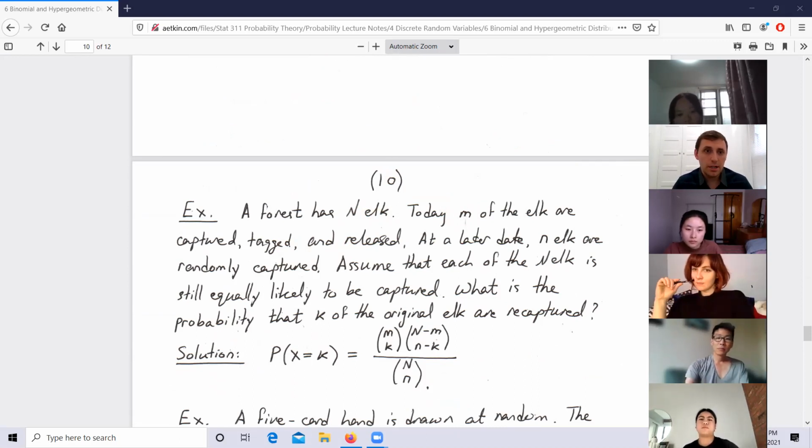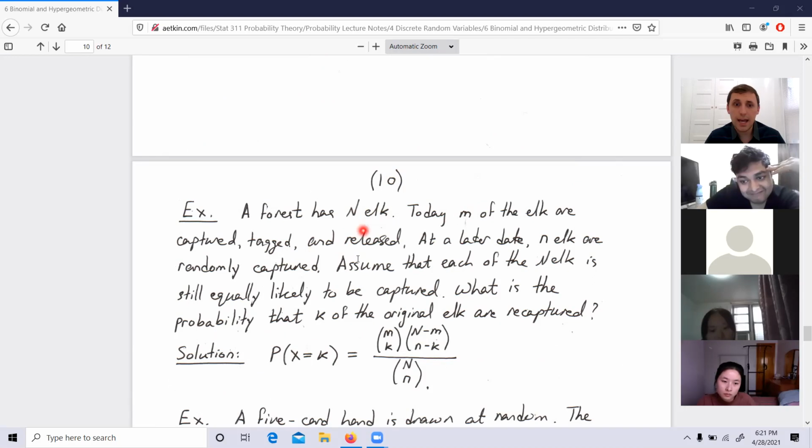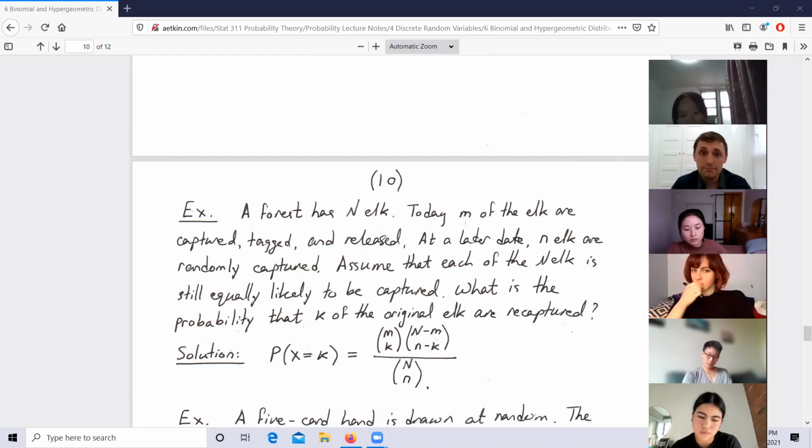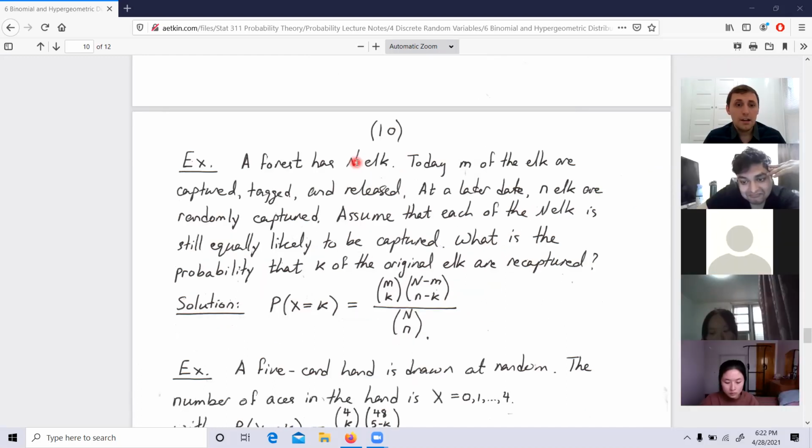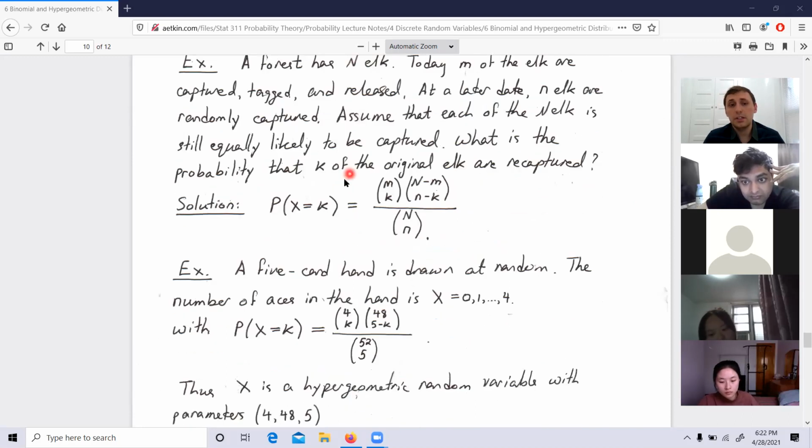So they are captured, tagged, and released. At a later date, n elk are randomly captured. Assume that each of the elk is still equally likely to be captured, which indeed is the case. I found it empirically. What is the probability that k of the original elk are recaptured? And the solution is very clear. Yes, guys?